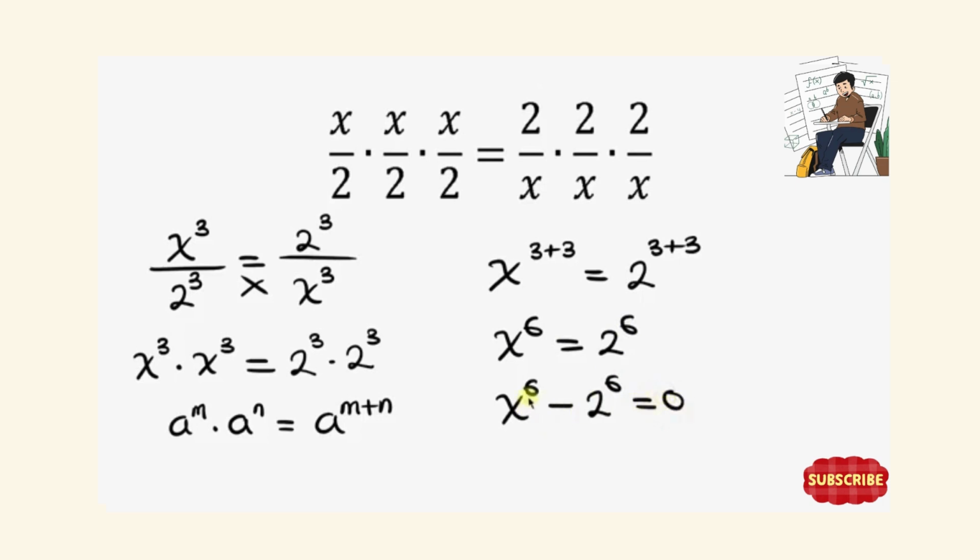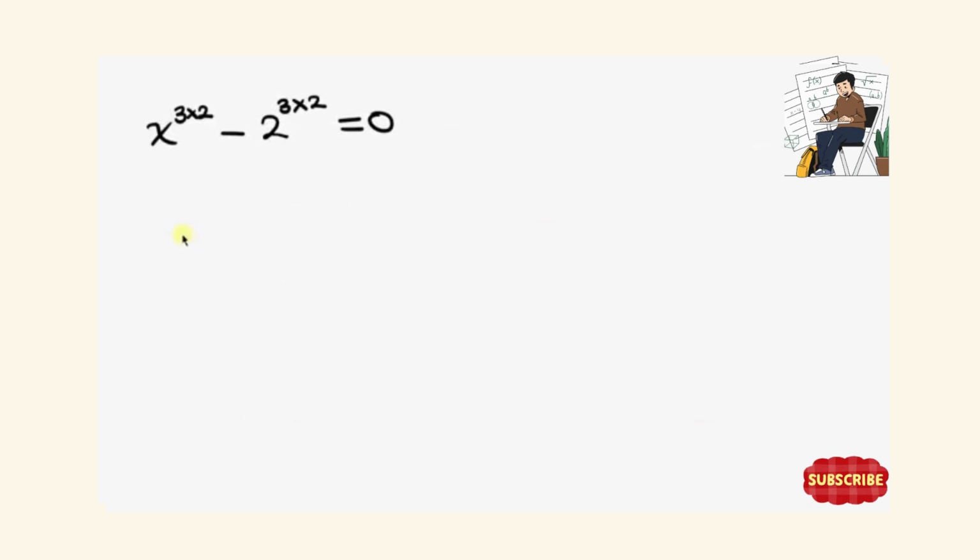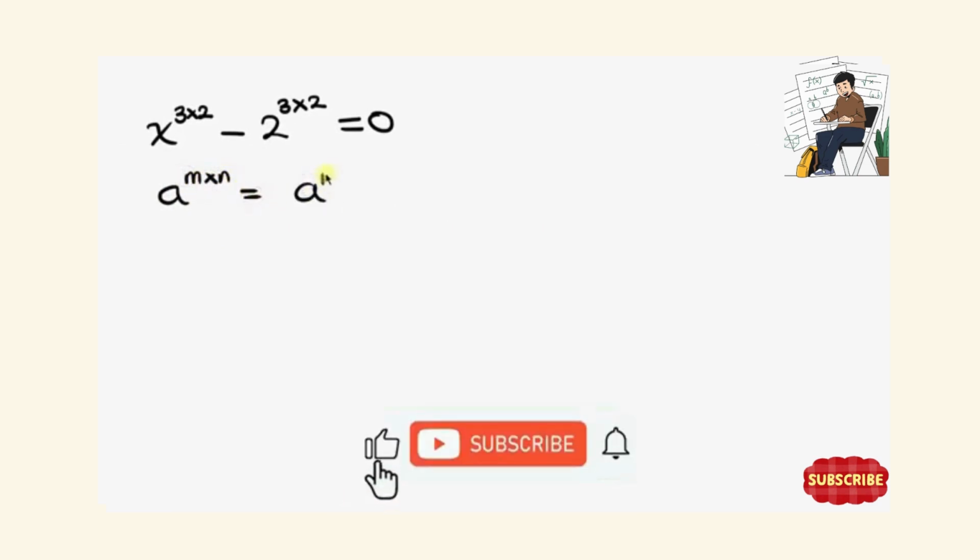And if we have to simplify this further, we have x to the 6 is the same as x to the 3 times 2, minus 2 to the 6, which is the same as 2 to the 3 times 2. And this is equal to 0. And from indices, when I have, for example, a to the m times n, this is the same as a to the m, raised to the n.